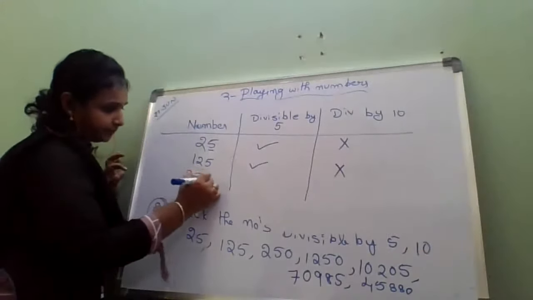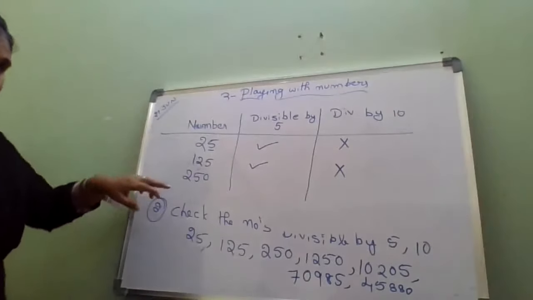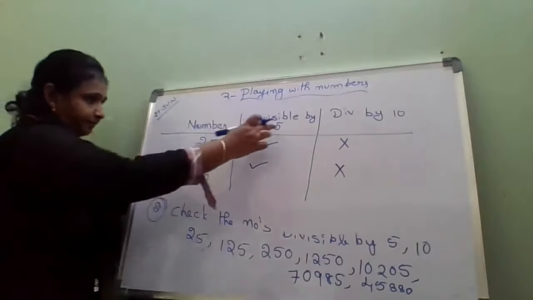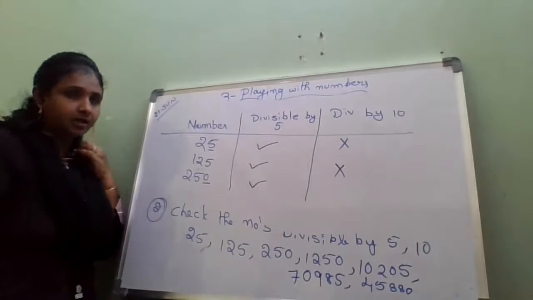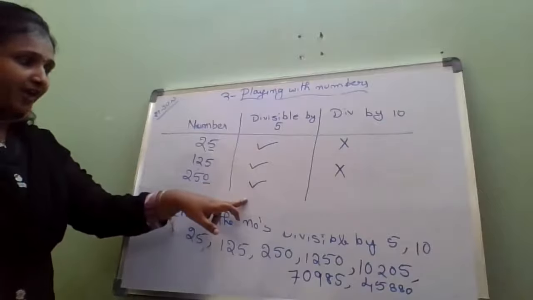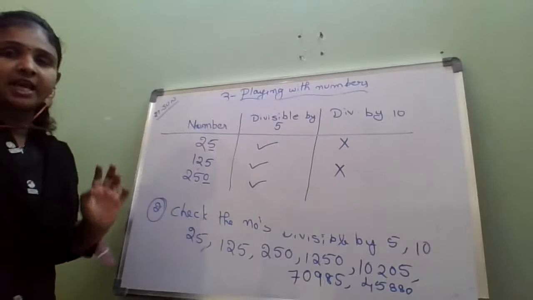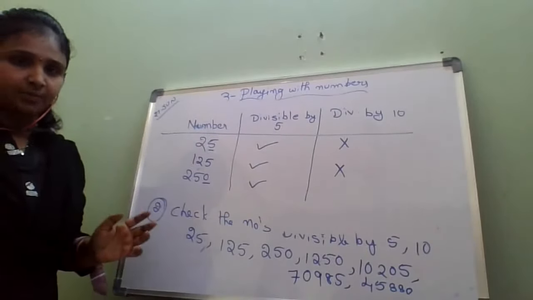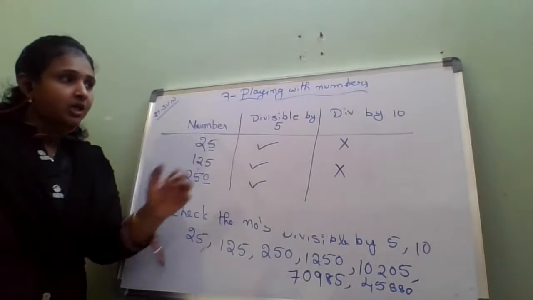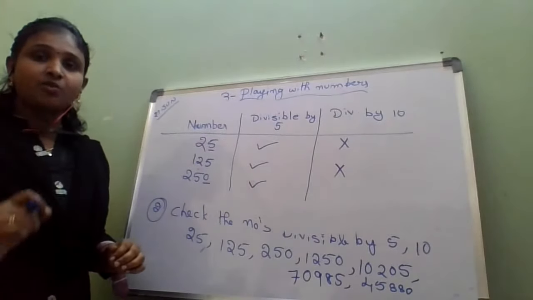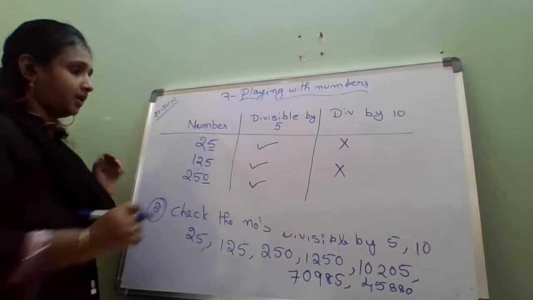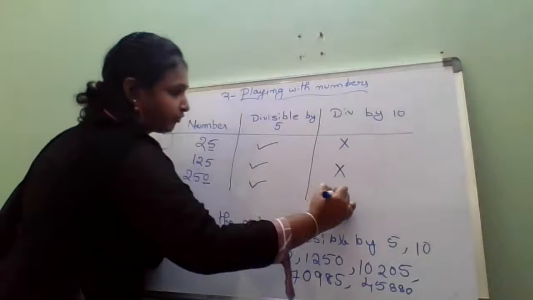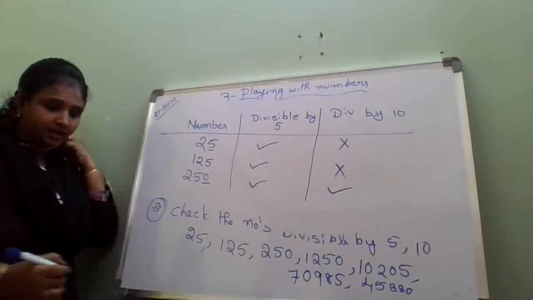Next 250. Is 250 divisible by 5? Yes, in ones place 0 is there. Divisible by 5 means in ones place 0 or 5 is there. Divisible by 10 means in ones place only 0 is present. So 250 is divisible by 10.